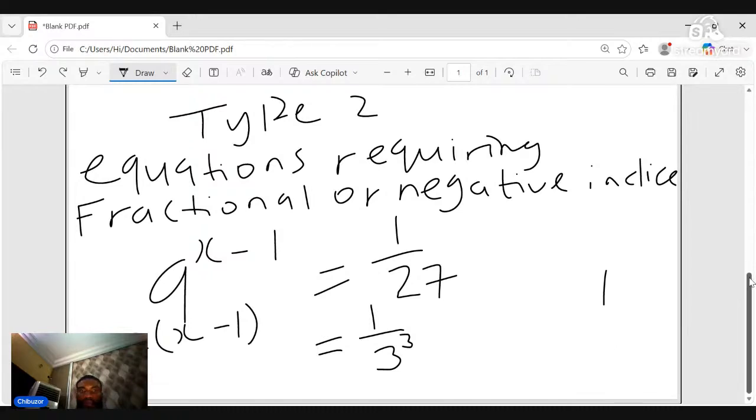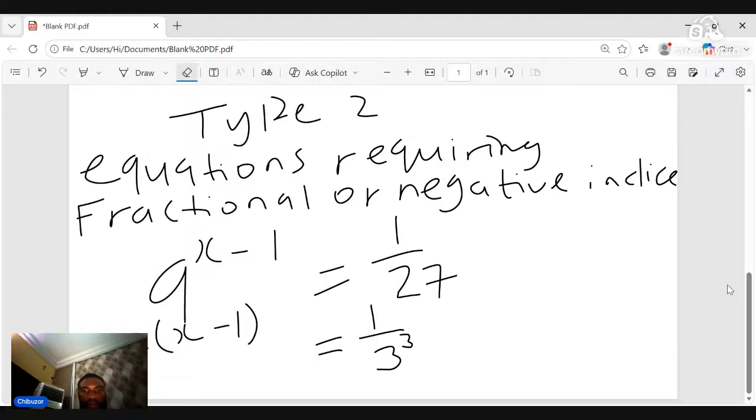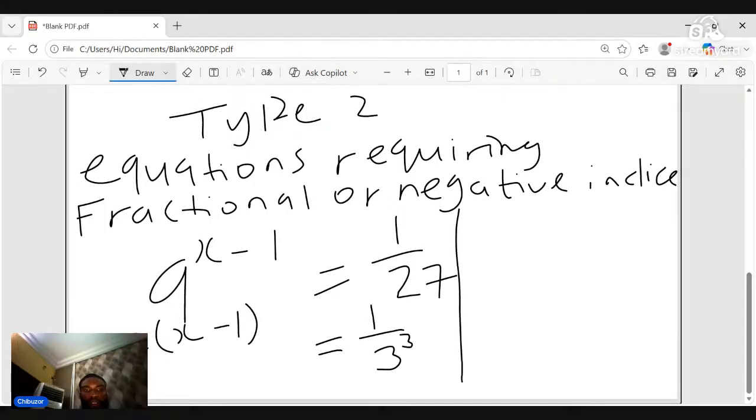Okay. So now we say 3 raised to power 2(x-1) is equal to 3 raised to power minus 3.